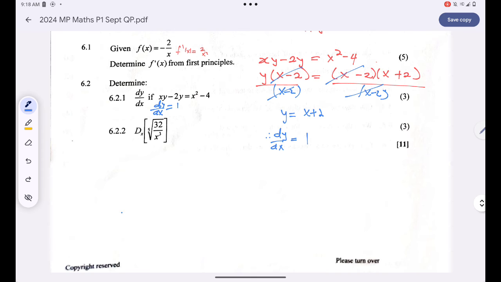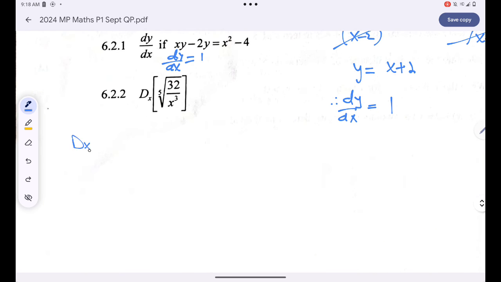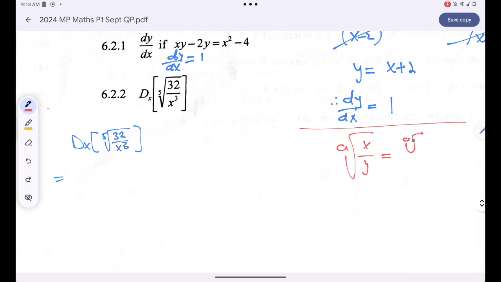And then over there, guys, I'm given the expression d over dx of, inside the bracket, the fifth root of 32 over x cubed. According to the laws of exponents, guys, if ever I have the root of a over y, this could be written as the root of a divided by the root of y.